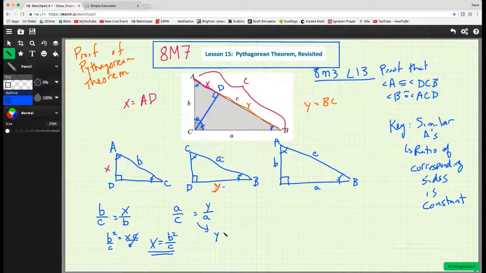So I'm going to say Y times C equals A squared, and then I'm going to divide both sides by C. And I'll say Y equals A squared over C. And I'm actually almost there on my proof. Almost there.